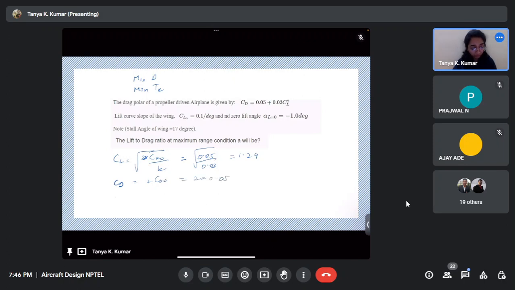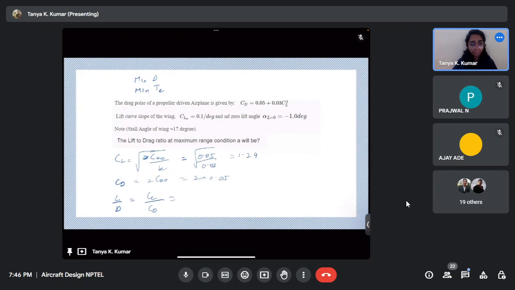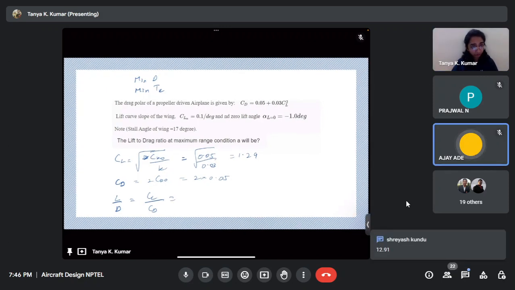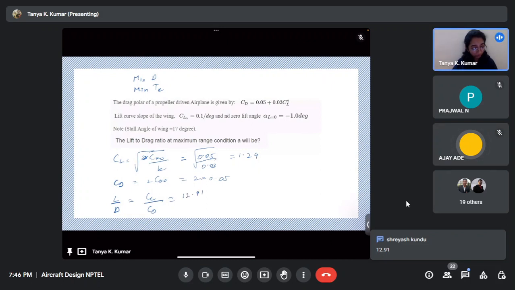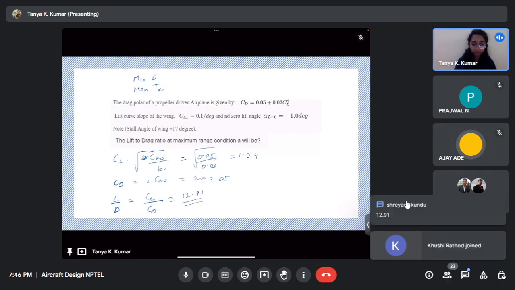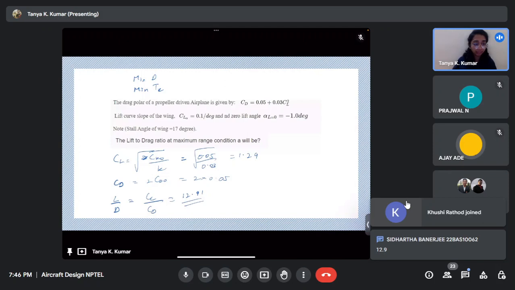So what will L by D be? What was this value? 12.91. Okay, so that is the right answer. Please see if everyone's getting the same answers.